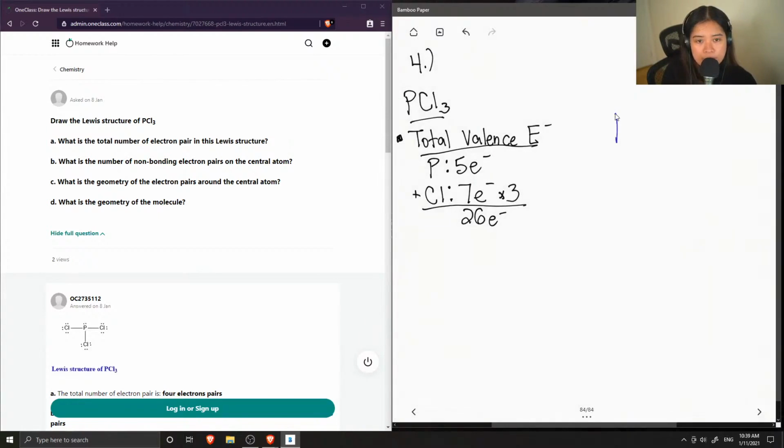So I'll have phosphorus in the middle, and then I'll have my 3 chlorine atoms symmetrically arranged. At this step, I like to draw in all of the valence electrons on my chlorine atoms.